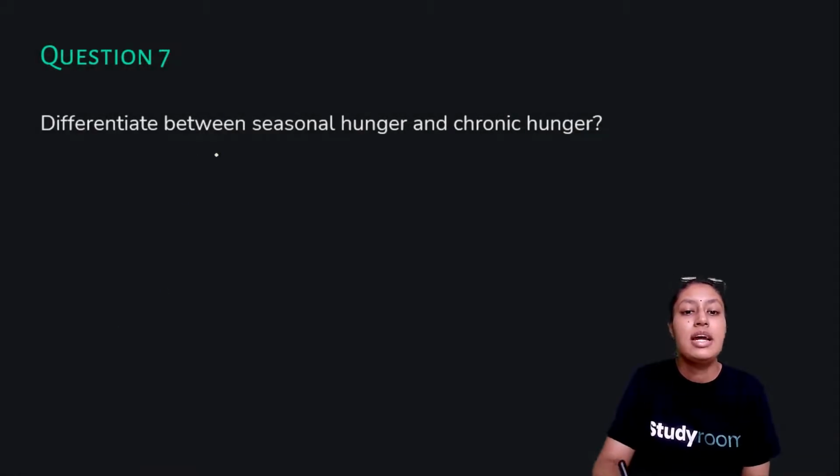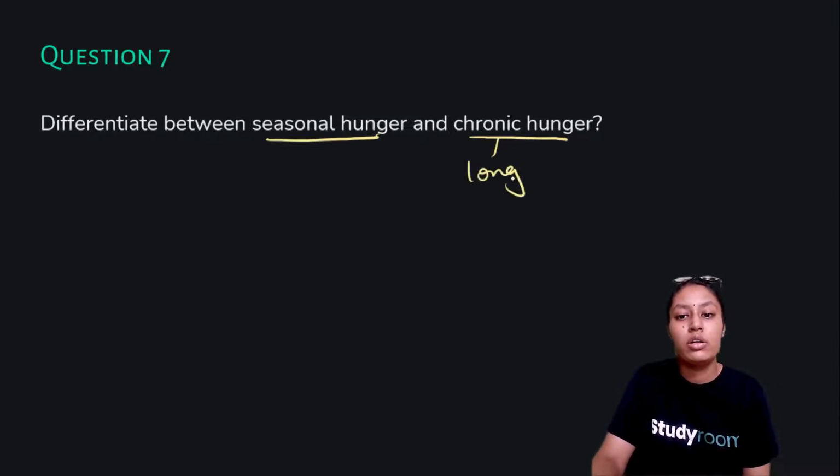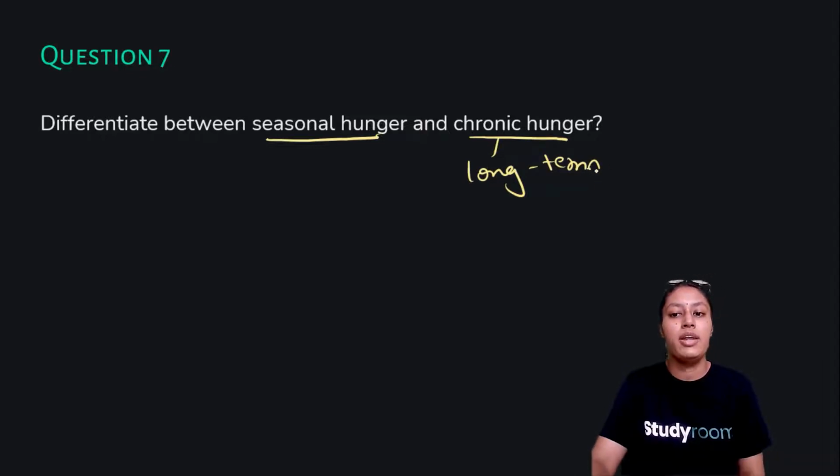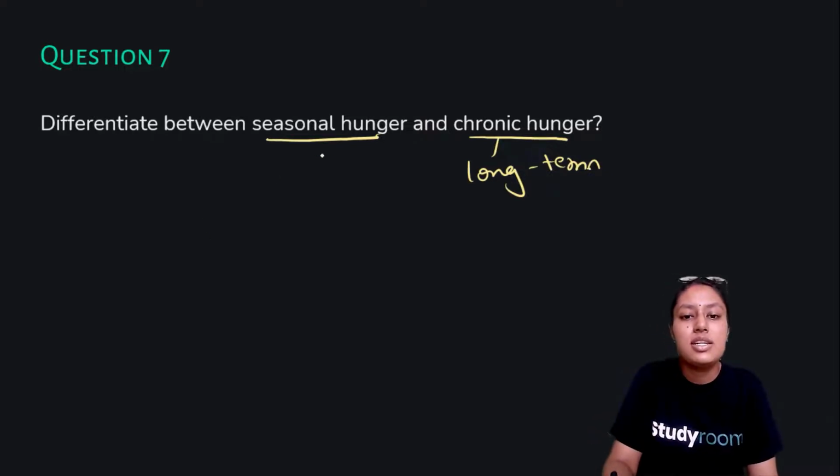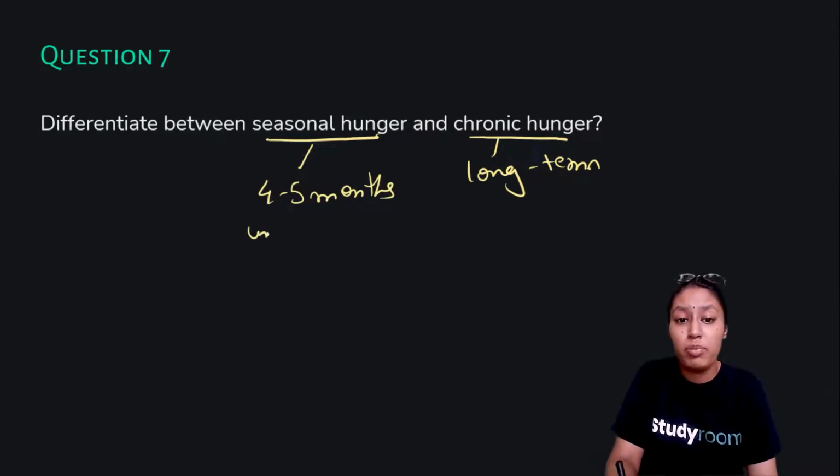Question 7 is, differentiate between seasonal hunger and chronic hunger. Chronic hunger is basically long term hunger, where there is a constant struggle of food insecurity. Seasonal hunger is, for example, in rural areas there are 4 to 5 months where farmers are unemployed, they do not have any job or any kind of work to do.